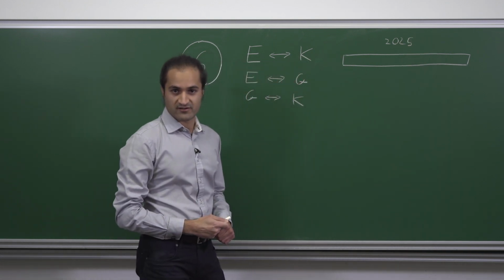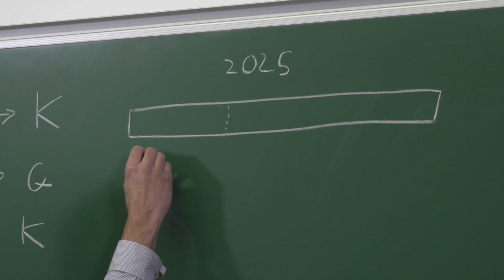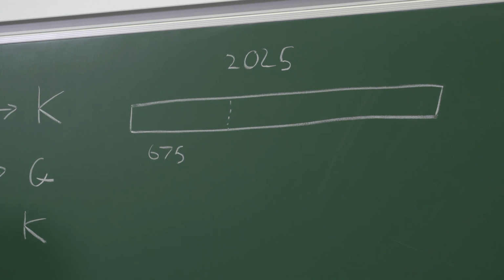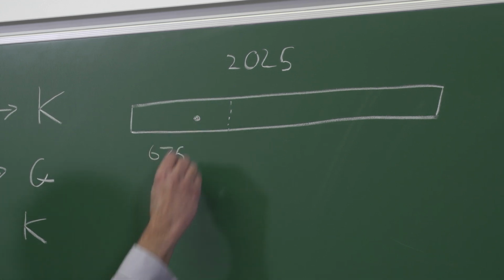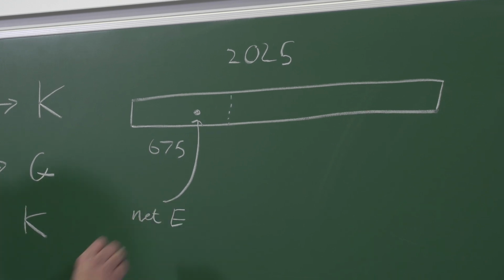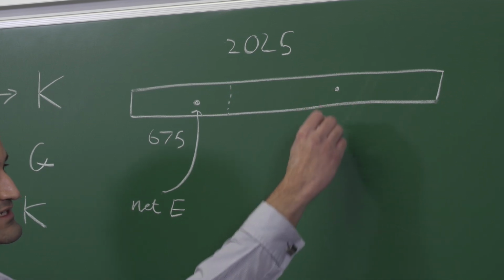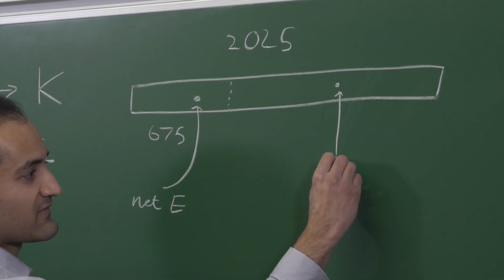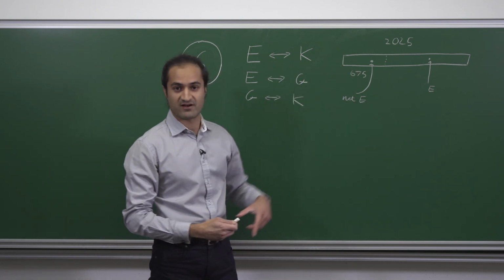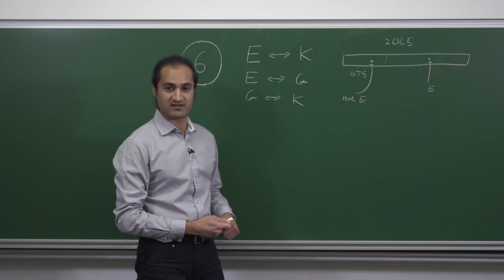So suppose these are our 2025 penguins. And consider the first 675 of them. If there's any penguin in here that is not an E, then there must be a penguin somewhere in the remaining slots that is an E. And in fact, the number of penguins in the first 675 slots that aren't E's must equal the number of penguins in the remaining slots that are E's.